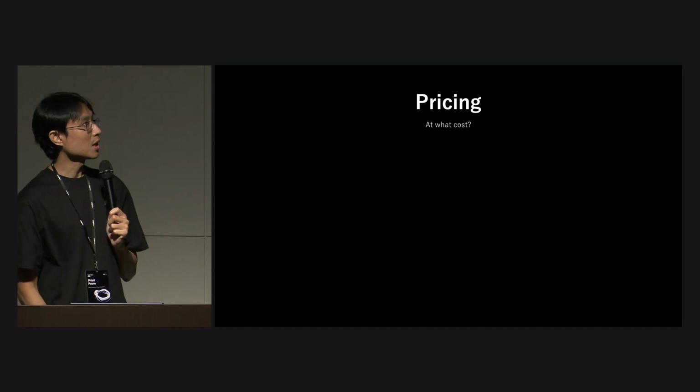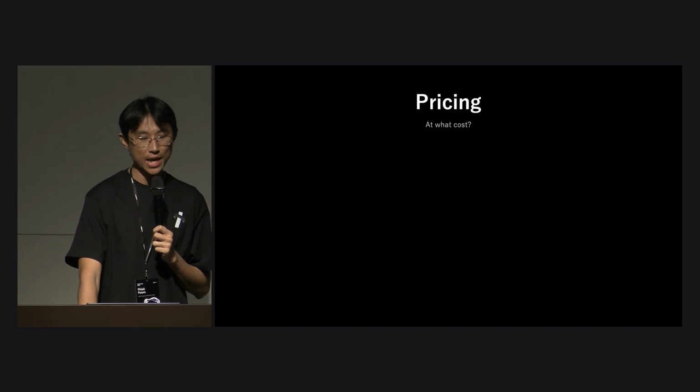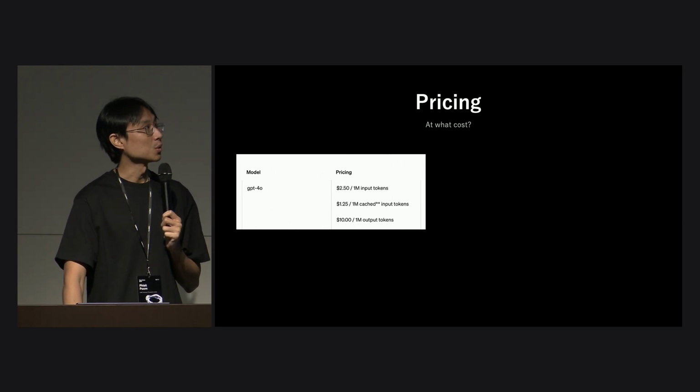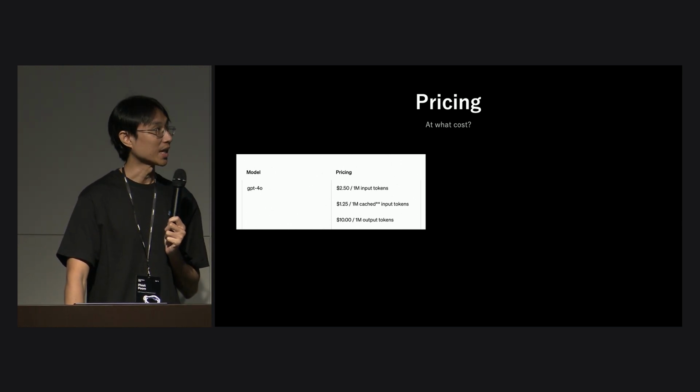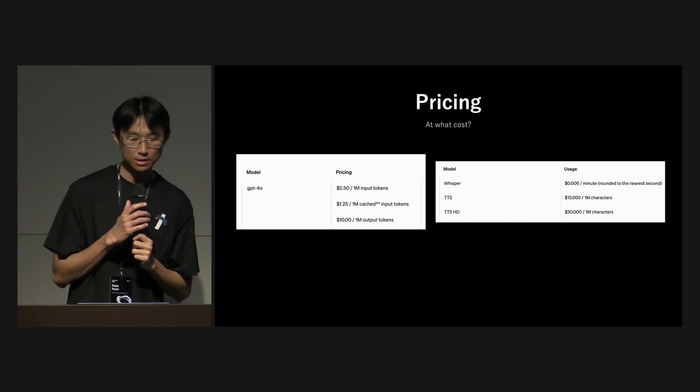Okay, let's talk about the pricing, because we use a lot of OpenAI API, and how much does it cost to do something like this? Okay, this is the price based on last month.